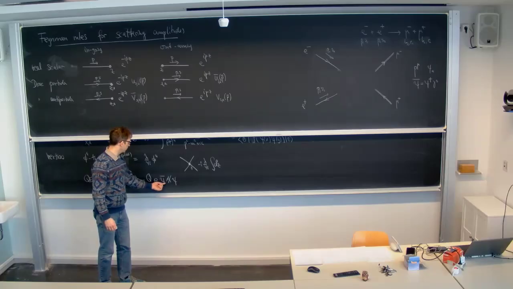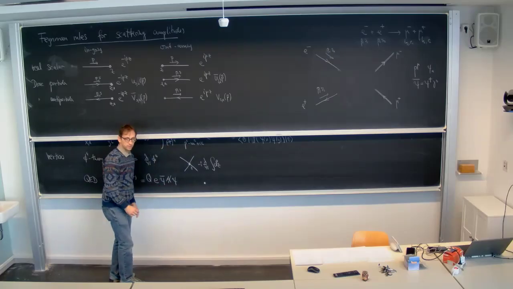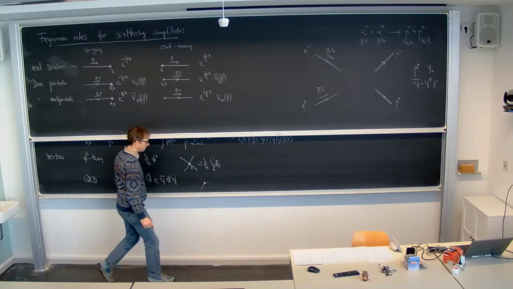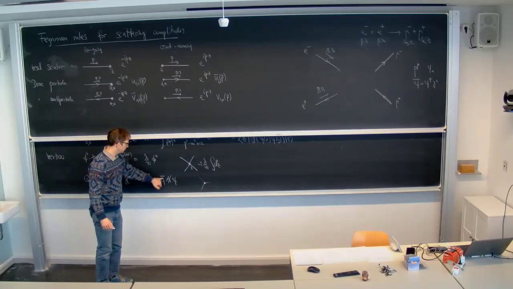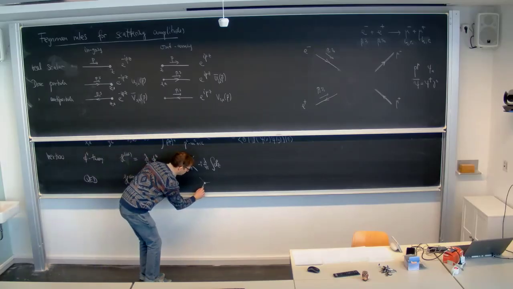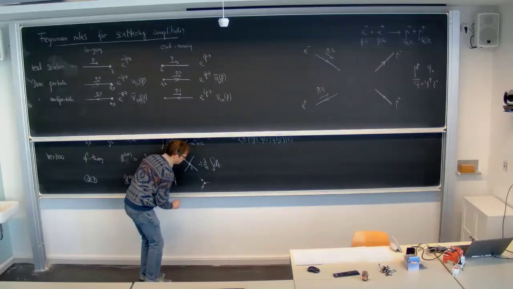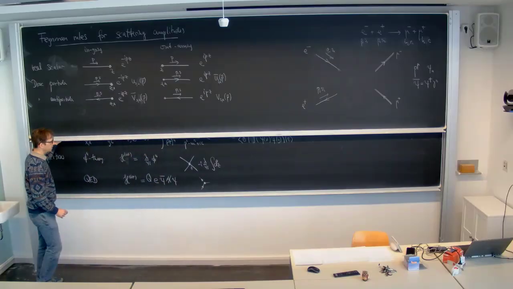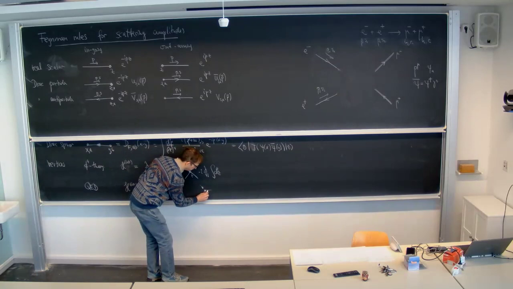And now how does this look in terms of lines? So there is a dot. There are 3 fields at the same point, so this will be 3 lines. One is a psi bar, so it's a particle and antiparticle: one arrow is coming in and one is going out. And then the other one is the photon, which we haven't even written down yet. To distinguish it from the others, a wavy line.